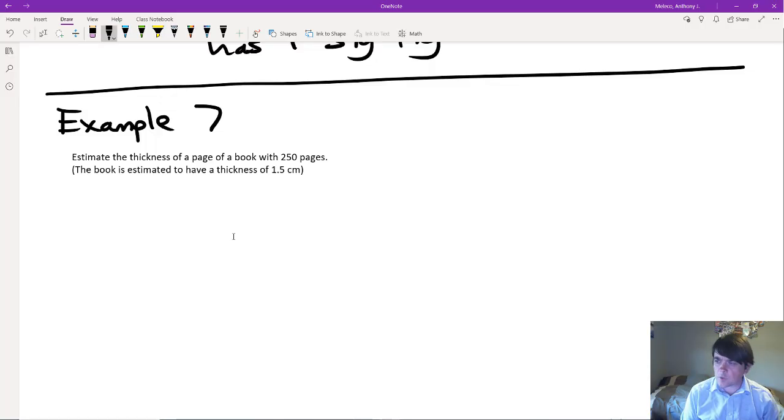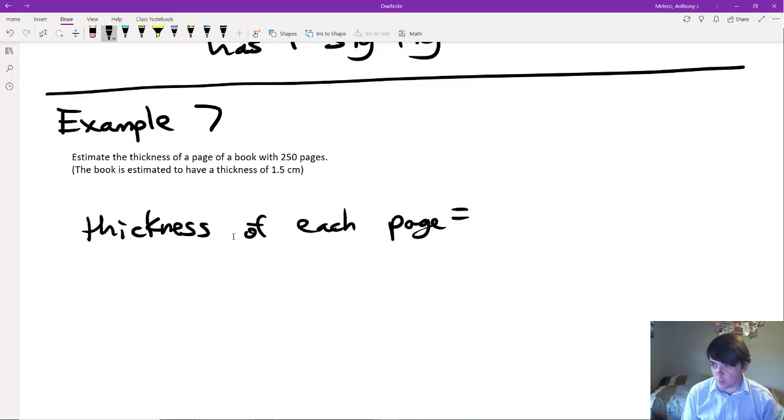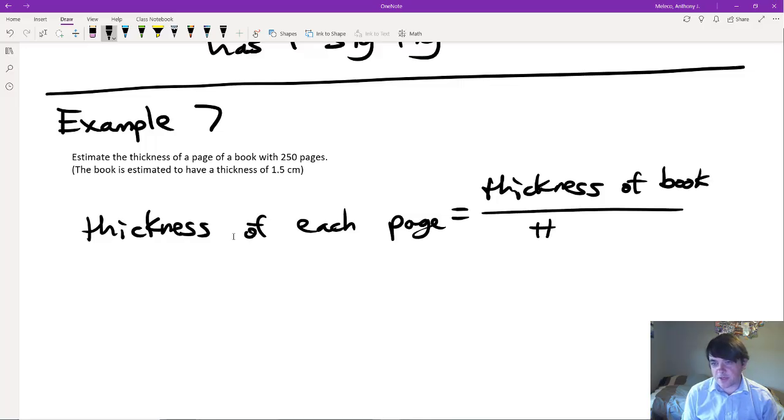So how do we do this? So you want to estimate the thickness of a page of a book with 250 pages. And then you're told that the book is estimated to have a thickness of 1.5 centimeters. So the thickness of each page should equal the thickness of the book divided by the number of pages, right?